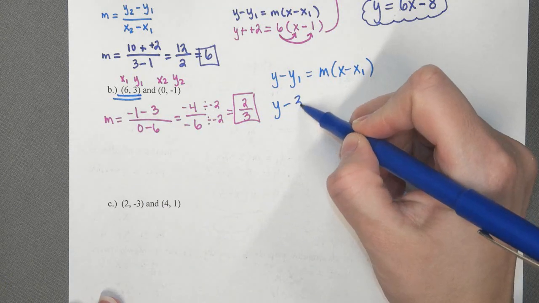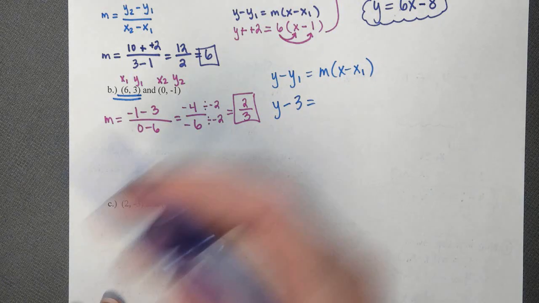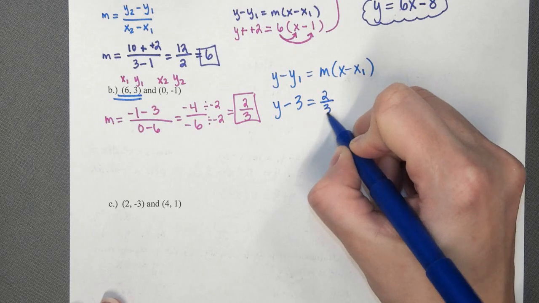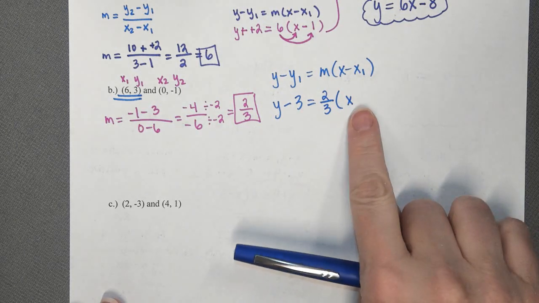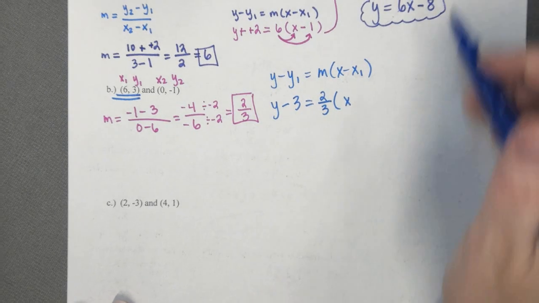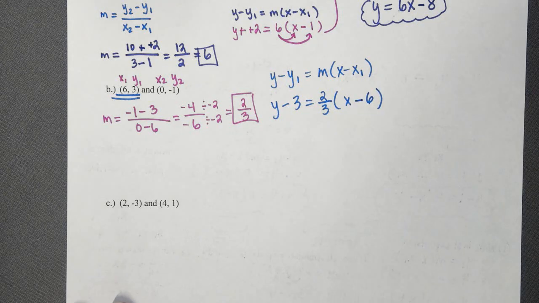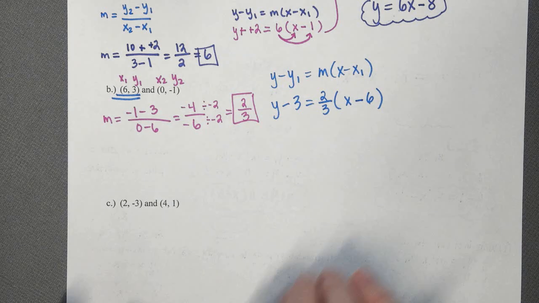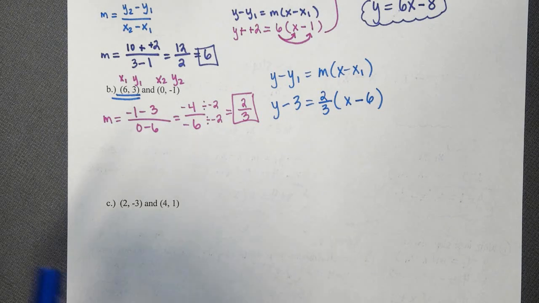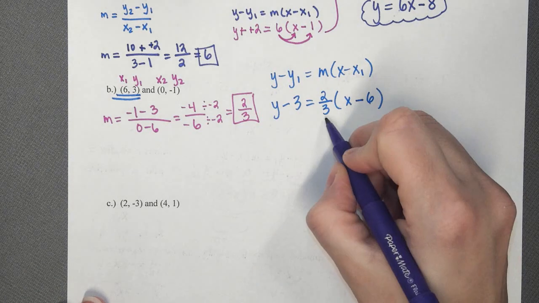If it's positive, it just stays as minus. The 2/3 is going to go here. And then you have minus 6. Now from here, this is where I wanted you to get to, at the very least. Some of you were able to distribute too, which is awesome.